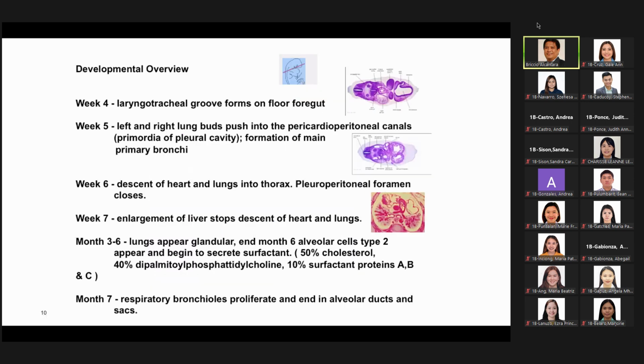Okay, so an overview, week 4, you have your laryngotracheal groove coming from the foregut, class. At week 5, you have the left and the right lung buds pushing into the pericardioperitoneal canals. Okay, and then you have formation of the main primary bronchi. At week 6, the heart will descend and the lungs into the thoracic cavity.